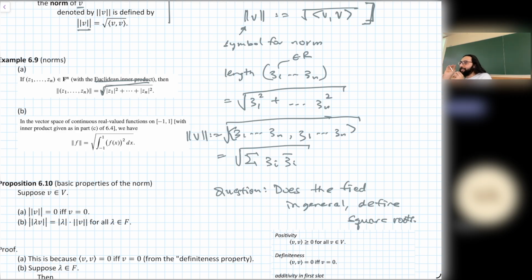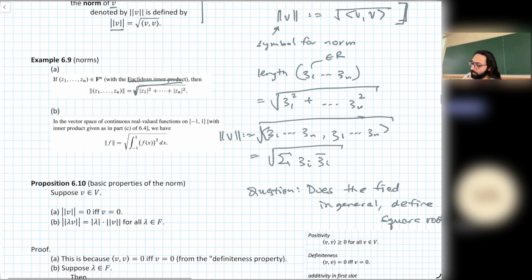Whether there was a square root or not, I don't remember exactly, so maybe it follows from the definitions. I'll have to check. But for now, we can assume it's complex numbers. Any questions?